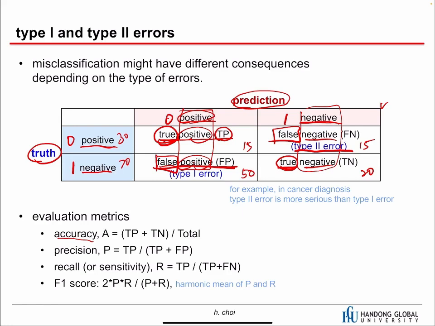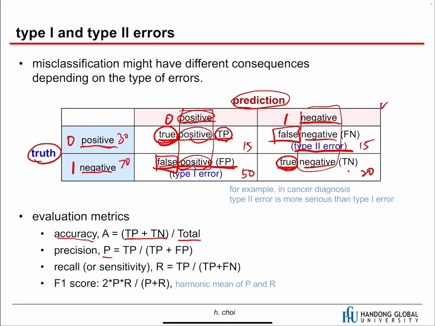Okay, we can have the number of samples in this table. Then the accuracy is the sum of TP and TN, which means this sum is the number of correct predictions. And total is the total number of samples. So this one is accuracy.